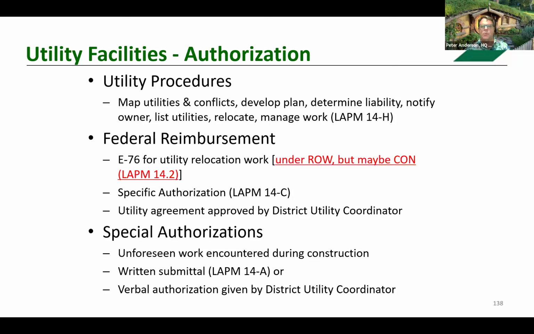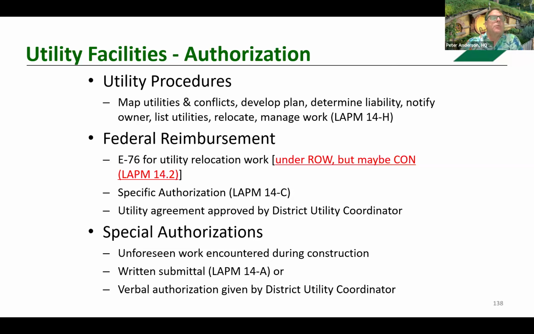From that investigation, it will be a matter of determining the liability of relocating the utility, whether it is the local agency's responsibility or the utility's. There's no absolute answer as to this. It doesn't work that way, if this happens, then this. It all comes down to this investigation.